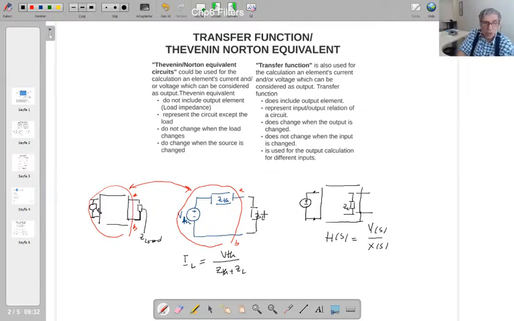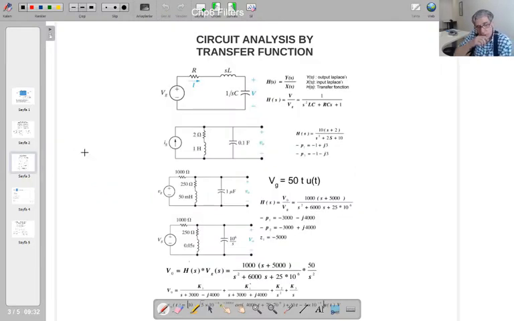So okay, we examined how to find one of the elements, current and voltage, by using the Thevenin equivalent circuit already. Now let's examine how we could use the transfer function for the analysis of an element within a circuit. These are some of the examples.